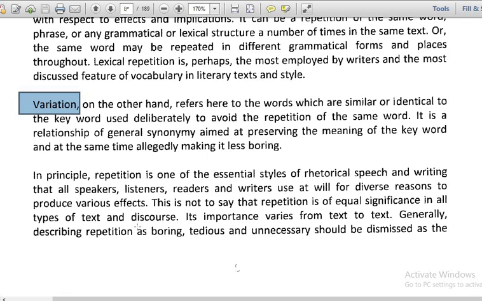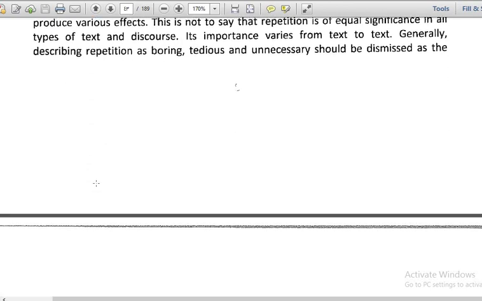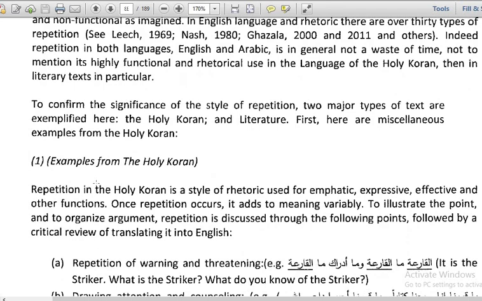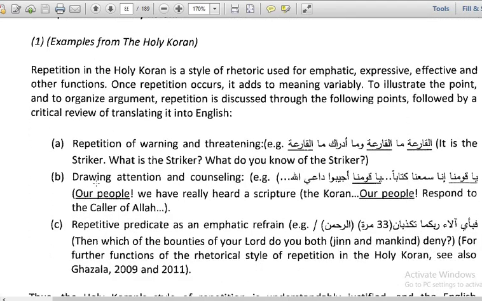In principle, repetition is one of the essential styles of rhetorical speech and writing that all speakers, listeners, readers, and writers use at will for diverse reasons to produce various effects. عنصر التكرار. Examples. Repetition in the Holy Quran is a style of rhetoric used for emphatic, expressive, effective, and other functions. القارعة ما القارعة وما أدراك ما القارعة.